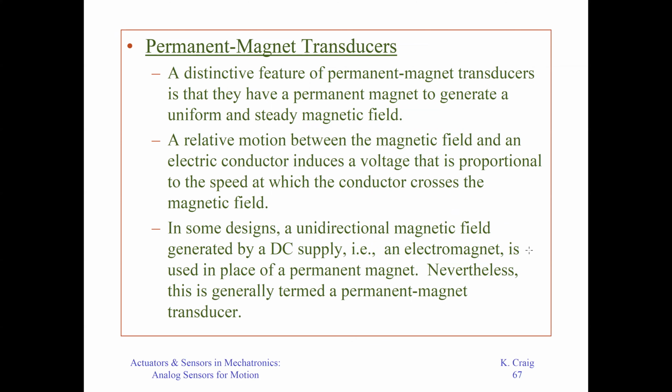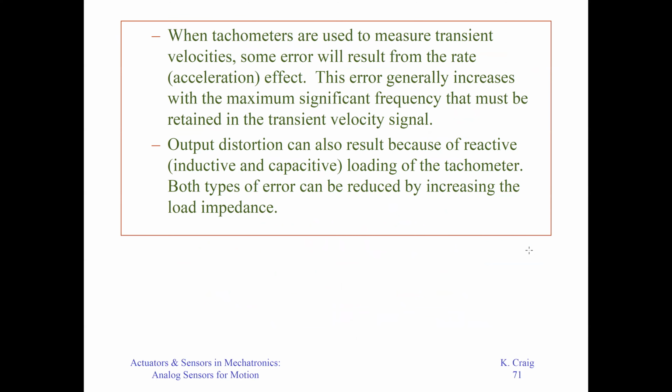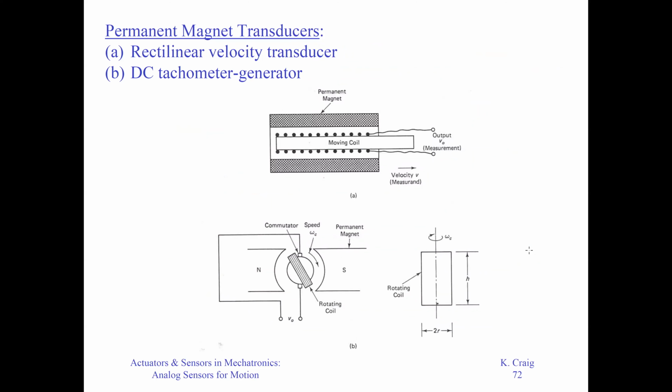The third and last category is called the permanent magnet transducer. This is actually a permanent magnet. In this case, I don't have a winding. I don't have another winding. So these are the coils, on top of this rod.